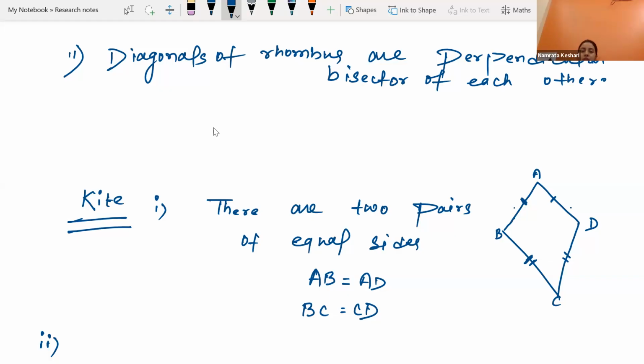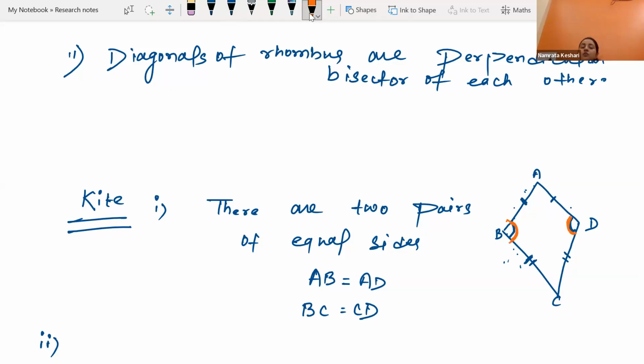Then there is one pair of angles which are equal to each other. Angle B and angle D are equal to each other. You can see angle B is in between these two sides which are not equal to each other. AB and BC are not equal, and the angle you get in between them, and similarly angle D, will be equal.